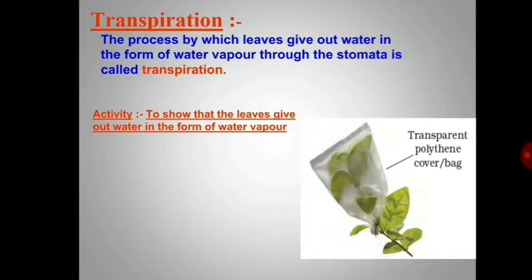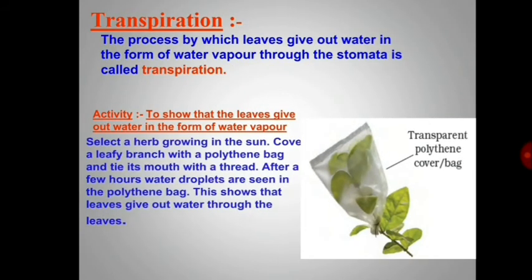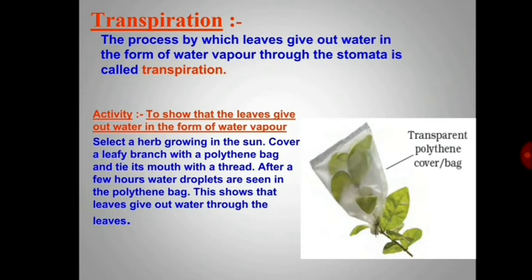For this, we will select a herb which grows in the sun. Cover a leafy branch with a polythene bag and tie its mouth with a thread. After a few hours, we will see water droplets collected in the polythene bag.